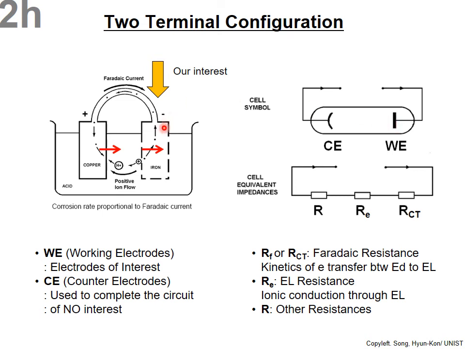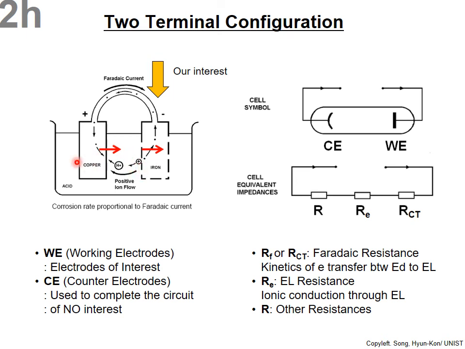Sometimes the electrochemical cell is described by some resistances. Here, as an example, we have three different resistances. Re is the electrolyte resistance. As you know, during some processes, ions are moving from one electrode to the other.